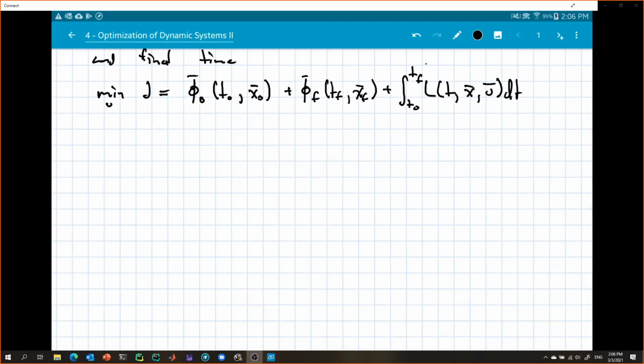So that looks like what we had before, but now we have initial cost and final cost, which I don't remember if we had before. And this is subject to some dynamics, which is x dot equal to f of t, x, and u.